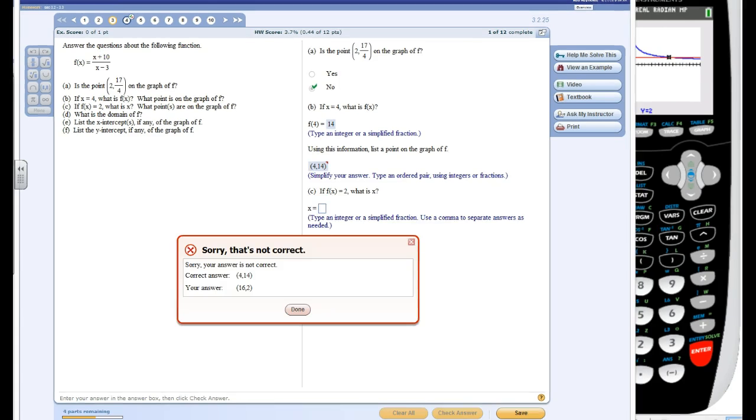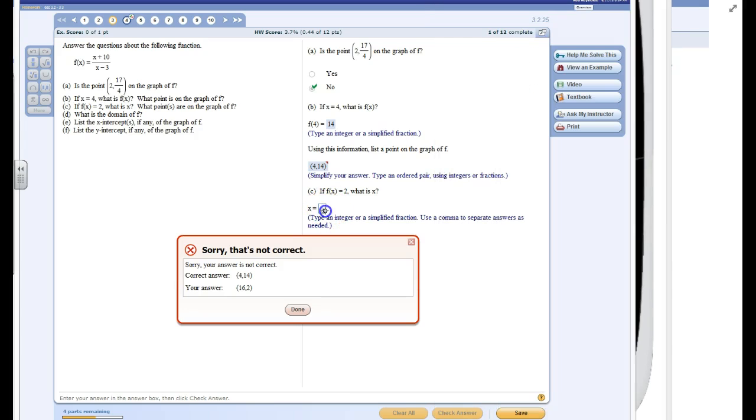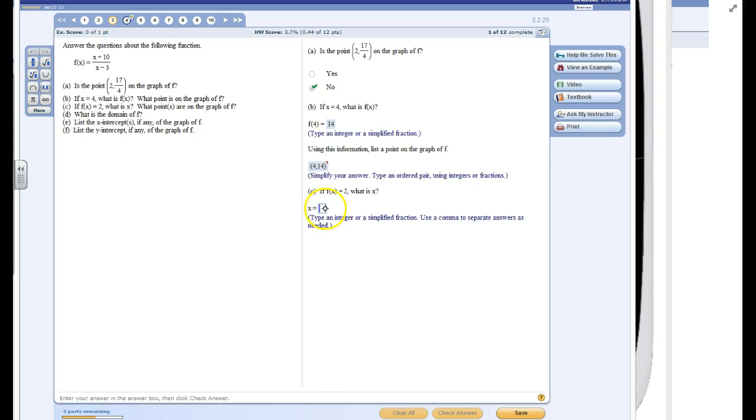So I had actually misread this problem, and all they wanted me to do was rewrite this from function notation to an ordered pair. So this is the x value 4, this is the y value 14. I had already worked out the next problem because I thought they were on part C, but they were still finishing up part B with that last question. I apologize.